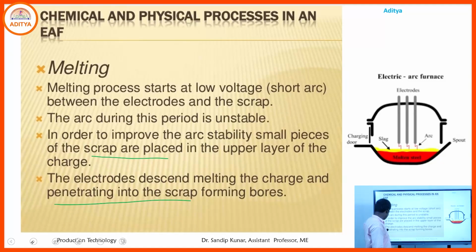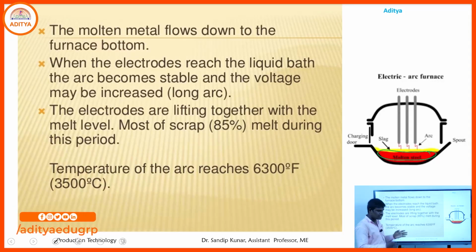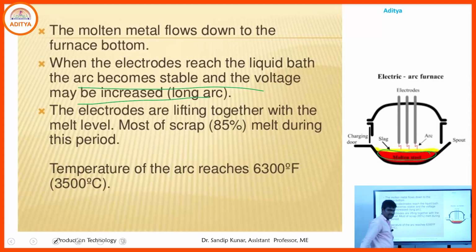The molten metal, after melting of the scrap, will come towards the bottom zone of the furnace, where the molten metal will be accumulated. When the electrodes reach the liquid bath, the arc becomes stable and the voltage may be increased.